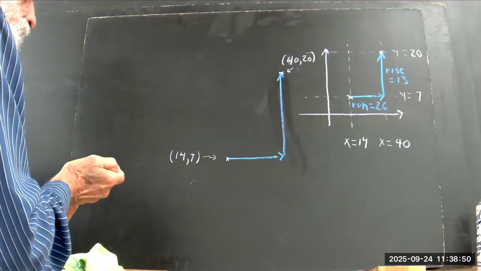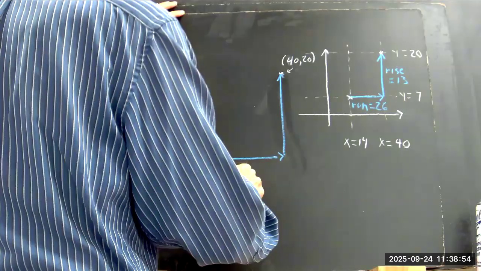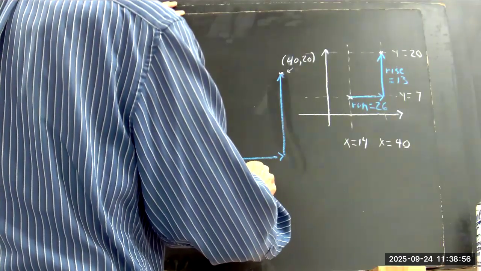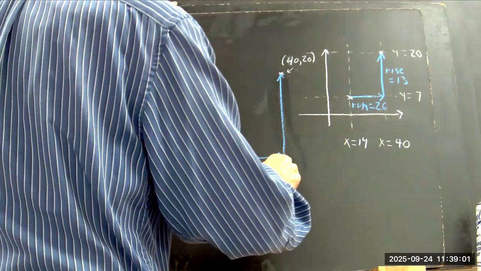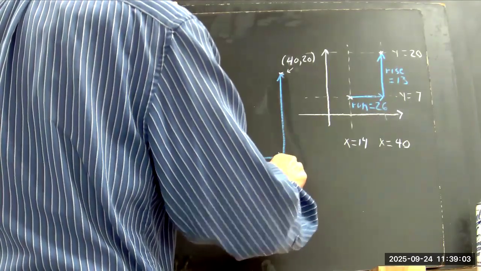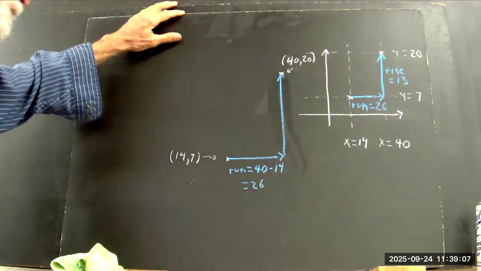More complete labeling of the rise and run: I say run equals 40 minus 14 equals 26.